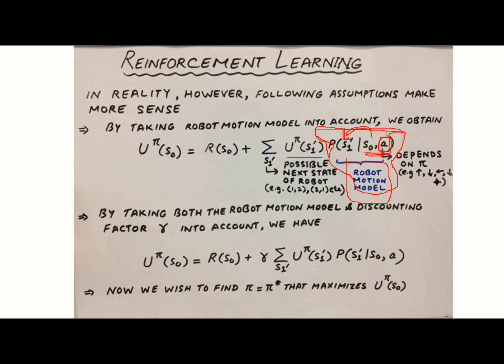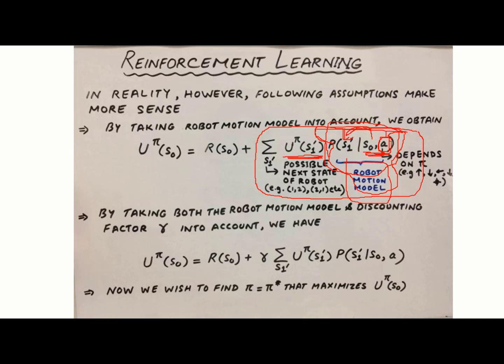This addition is over S1 prime. So in some sense we are saying that we are computing the weighted sum of expected accumulated rewards of all the neighboring states where the robot can move to, and the weights are these probabilities described by the robot motion model.